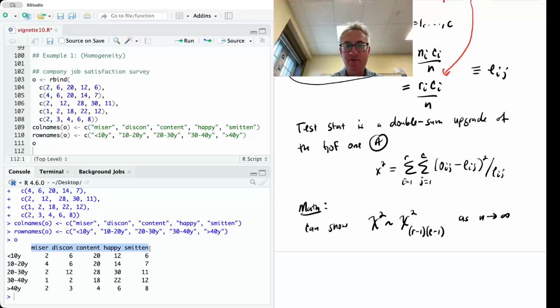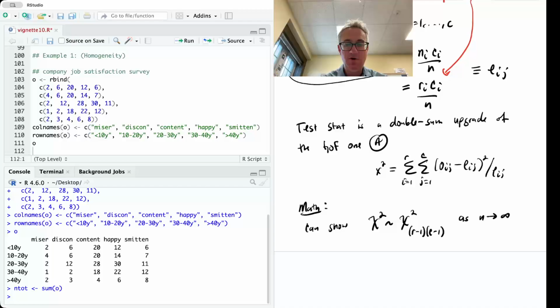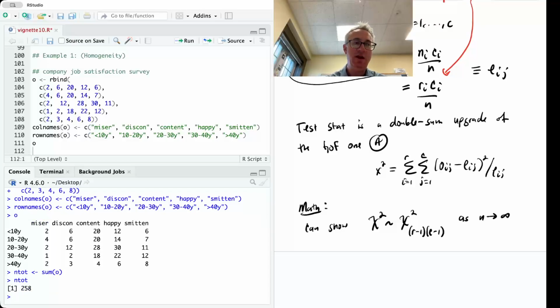However, their satisfaction with their job or their reporting of their satisfaction could be modeled as random. It could be different depending on whether they're having a bad day or a really great day, or something else happened in their life that has nothing to do with their job. So this is a situation where we have different populations of different ages across the rows and different classifications of happiness for a total of n, I call this n tot, a total of 258 employees.